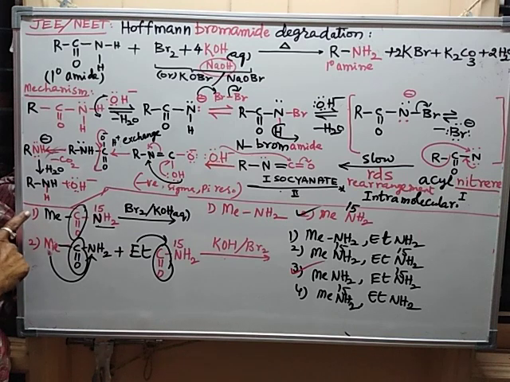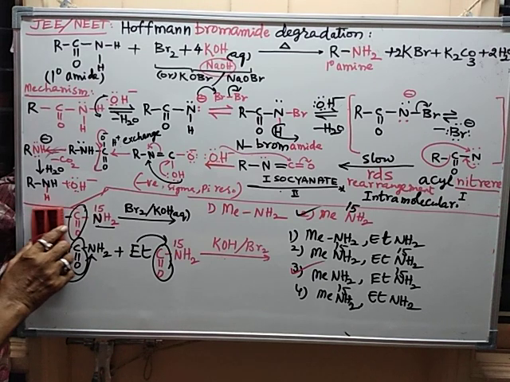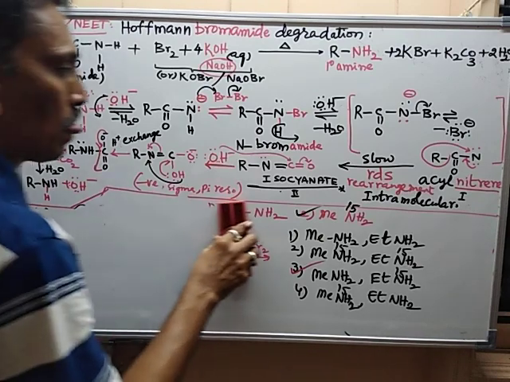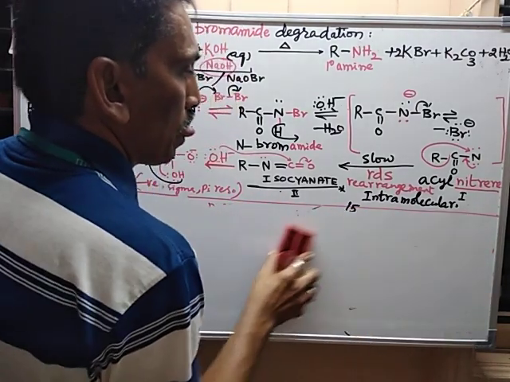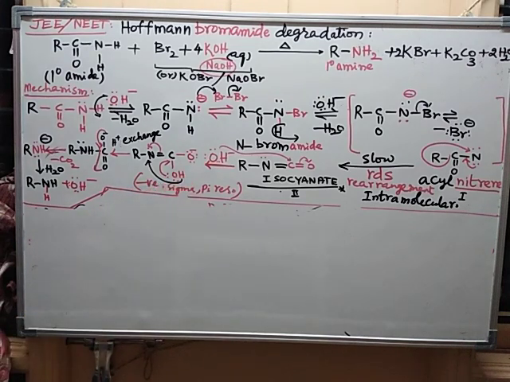Okay, so knowledge of the first equation reaction helps you to decide the products in the second case. This is for your better observation. I still keep the mechanism for your observation.